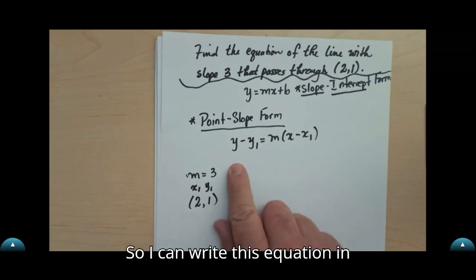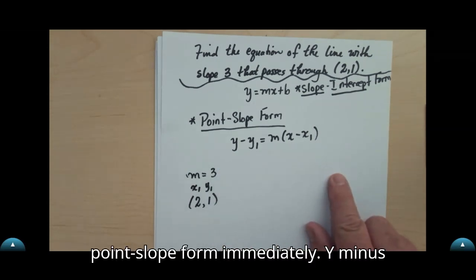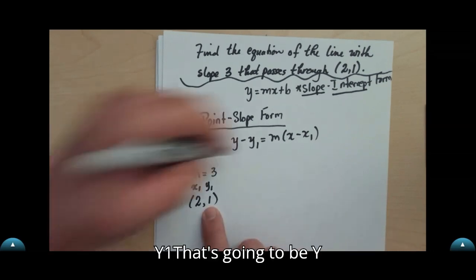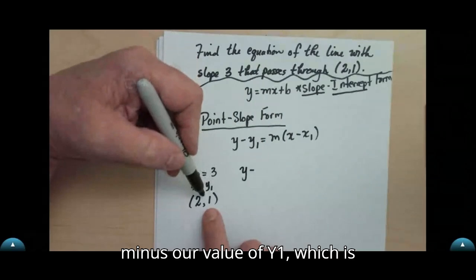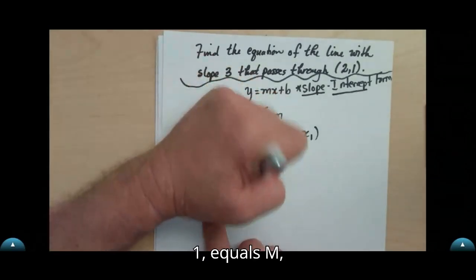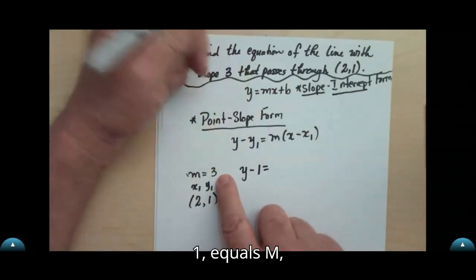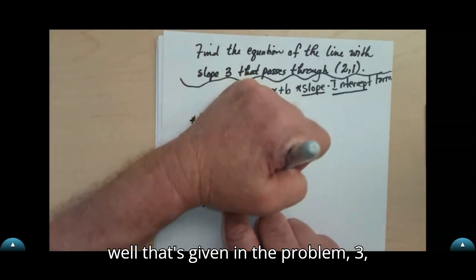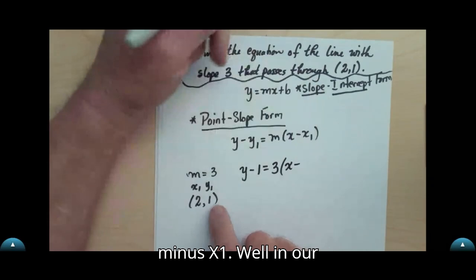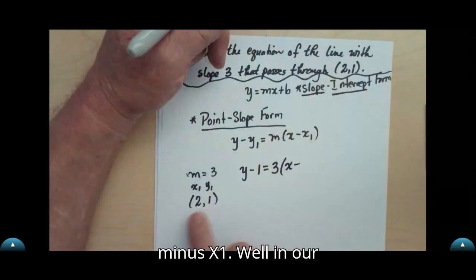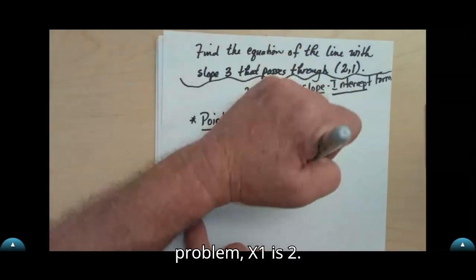So I can write this equation in point-slope form immediately. Y minus y1, that's going to be y minus our value of y1, which is 1, equals m, well, that's given in the problem, 3, times in parentheses, x minus x1. Well, in our problem, x1 is 2.